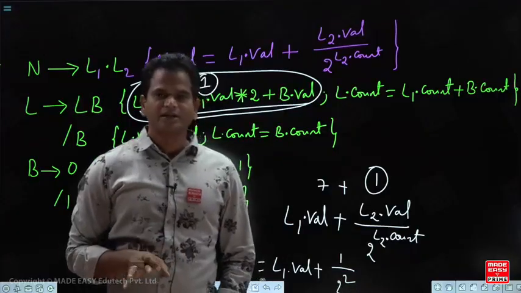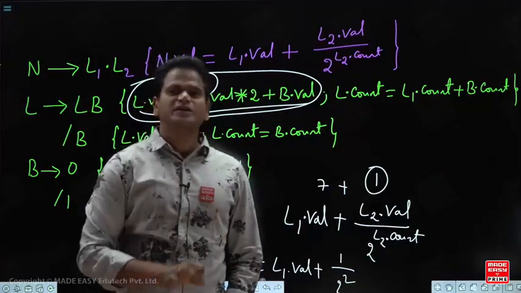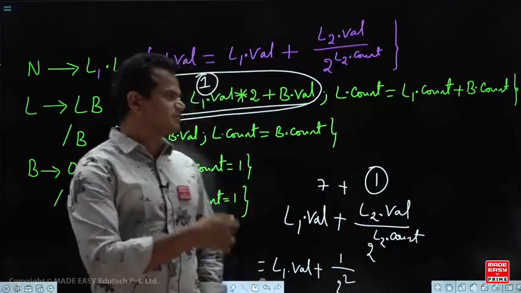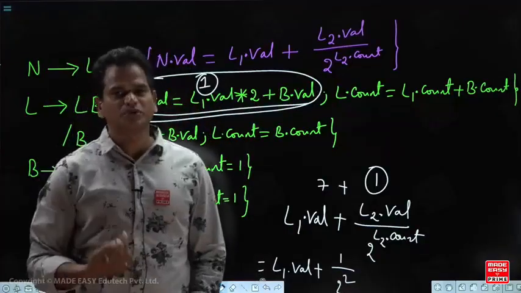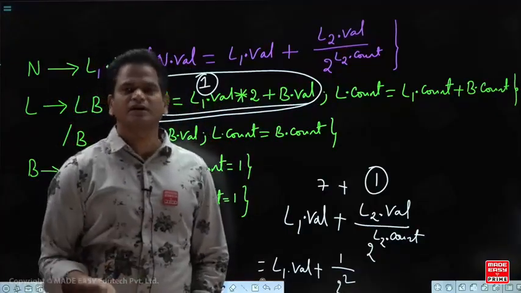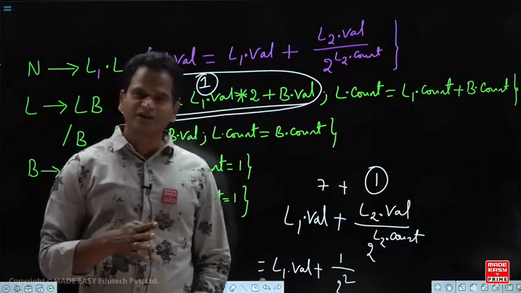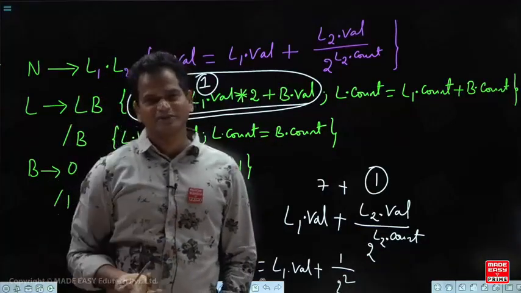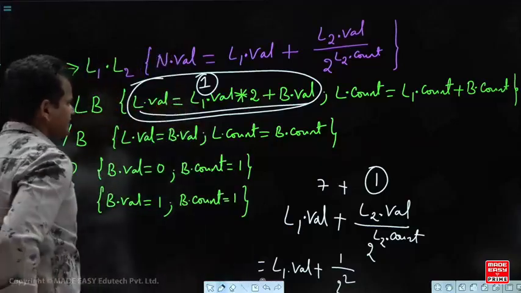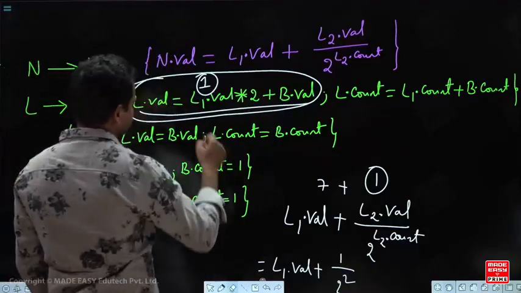Do you understand? Options will be given. Take option A and substitute it. If input and output are matching, then go for option A. If not, then go for B. If not, then go for C. If not, then no need to check, go for option D. So the elimination process is easy.